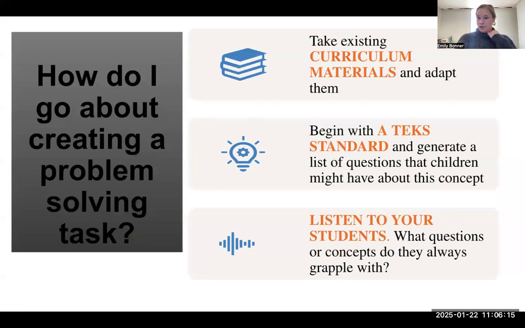So here are some ideas to think about: how do I get started with this and find good problems? You can take existing curriculum materials and modify them. You can begin with a TEKS standard and generate a list of questions they might have about it, and then generate your problems from there. And also listen to your students. There are things they might be demonstrating that they're not understanding.